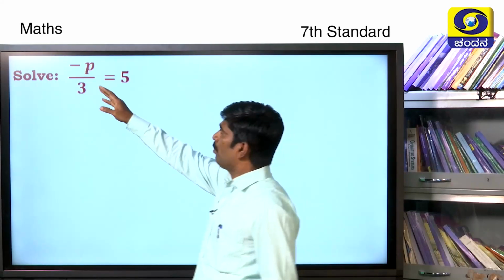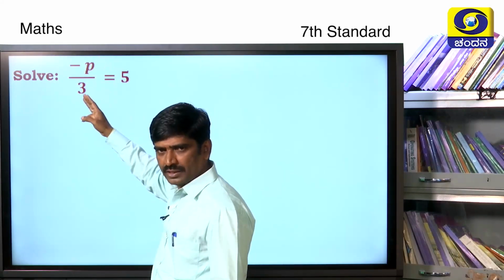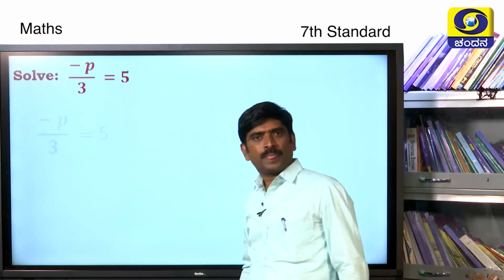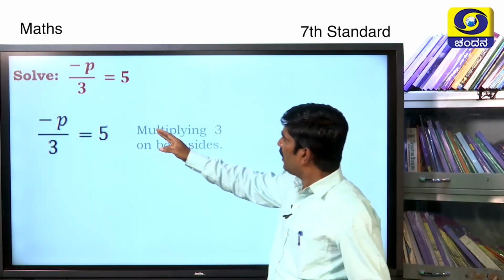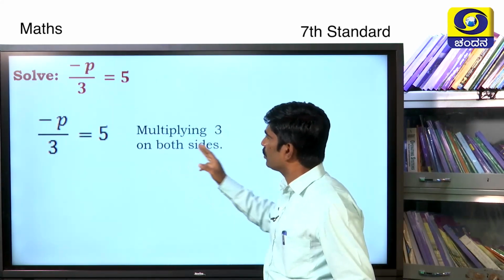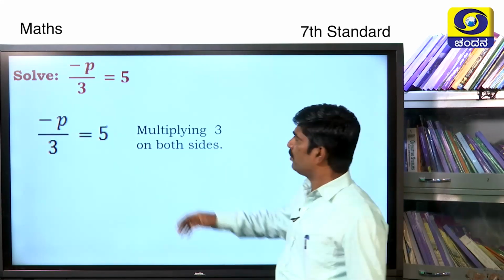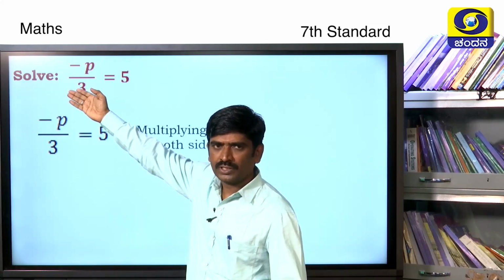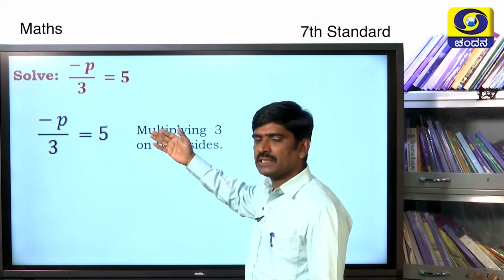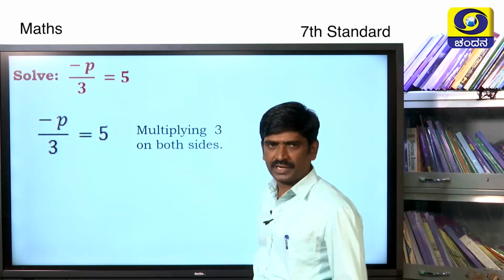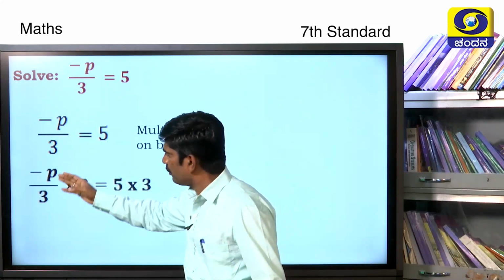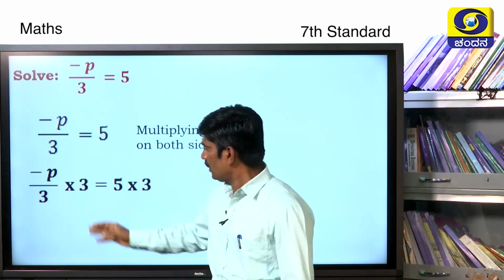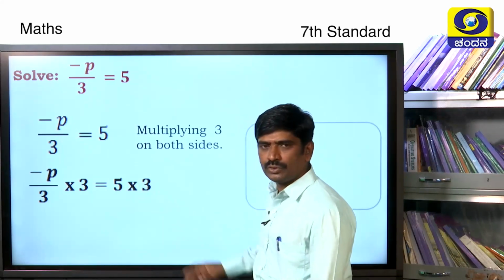Next question. Minus p divided by 3 is equal to 5. Here we multiply by 3 on both sides. Why? Because the operation is a division. That is why we multiply by 3 on both sides. Therefore, minus p divided by 3 into 3 is equal to 5 into 3.